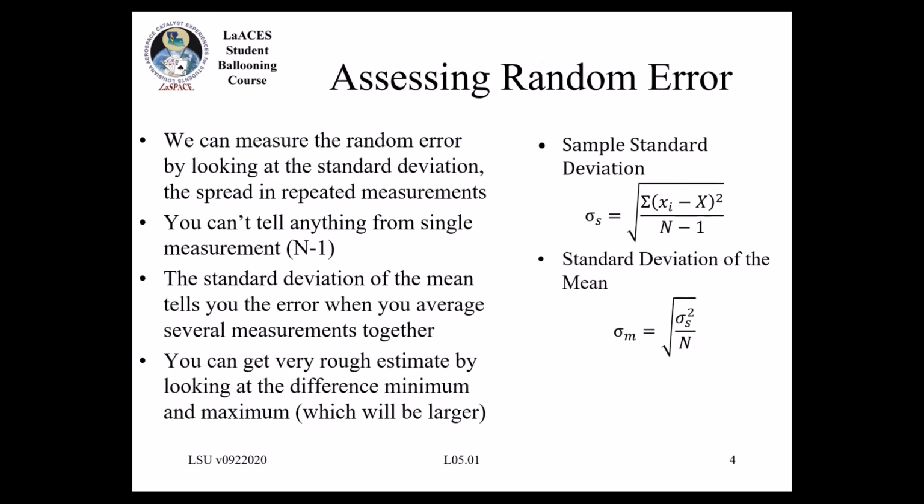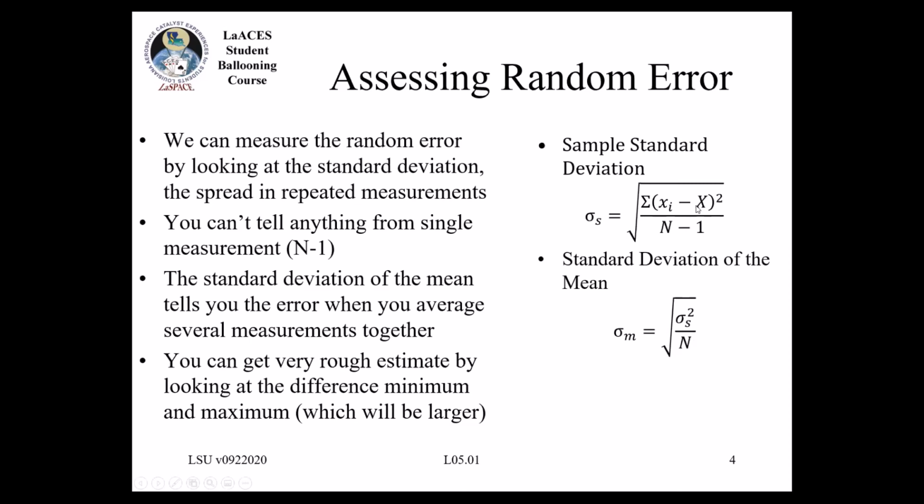So you want to be able to assess how big that random error is. If you take multiple measurements, you can get an idea of how much they're spread. And what you can do is make a calculation of the standard deviation, which is the equation shown here on the right.